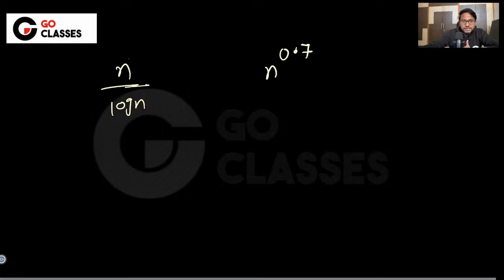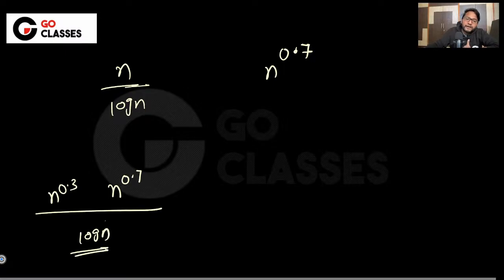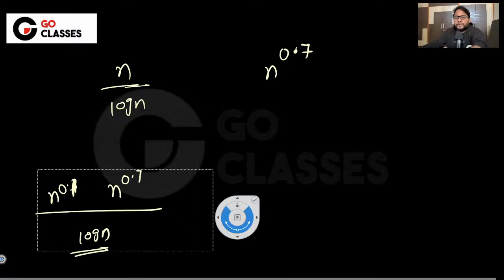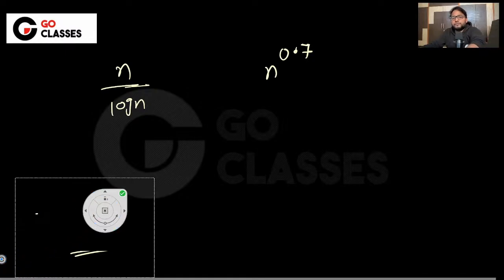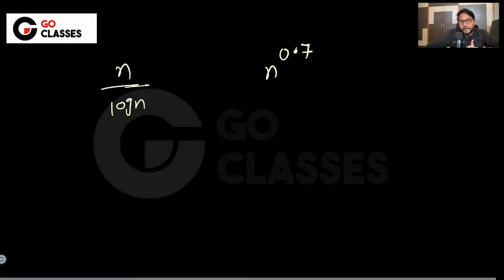See, you can write this as n to the power 0.7, and n to the power 0.3 for this log n. Maybe you can write n to the power, let's suppose 0.2, and so basically what I'm saying is that something will remain, right?